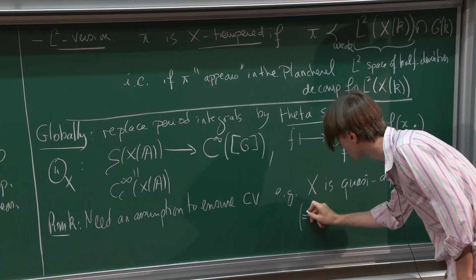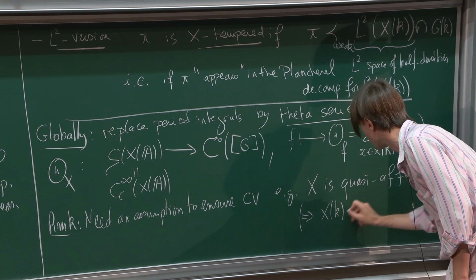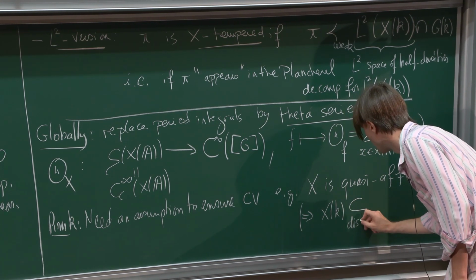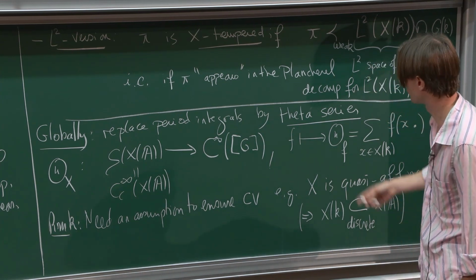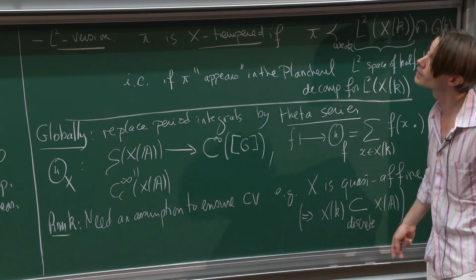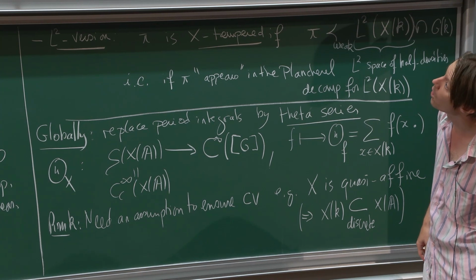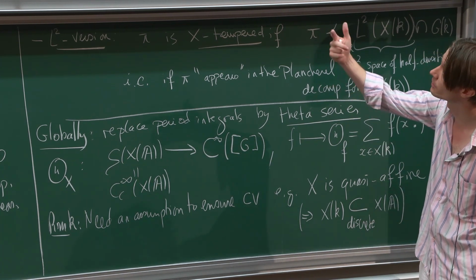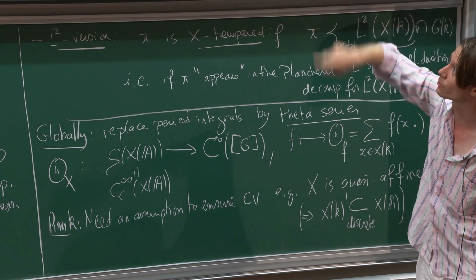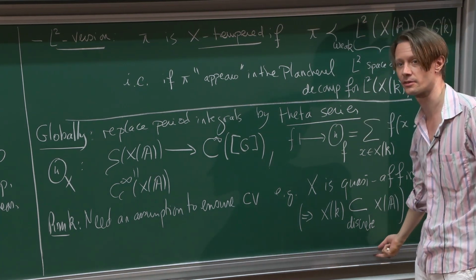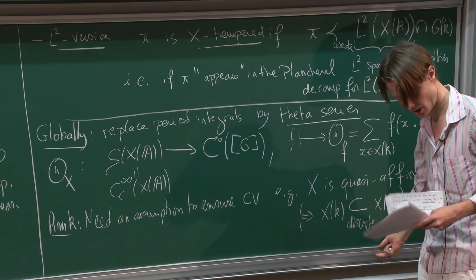And why? Because it implies that x of k is discrete in the adelic points, so that this sum is locally finite. Okay, so for example, you cannot take for h the Borel. If you take for x the flag variety, you will have a problem here. And you can also check that the period is not convergent, even on cusp forms.